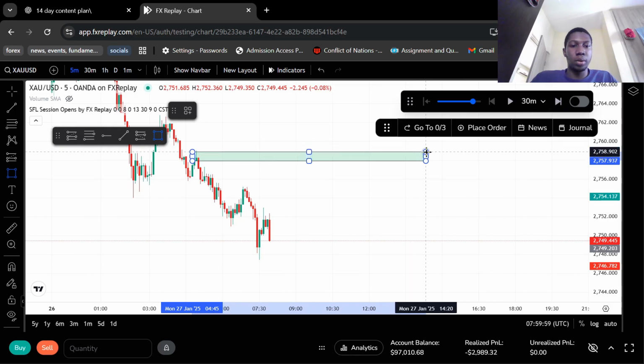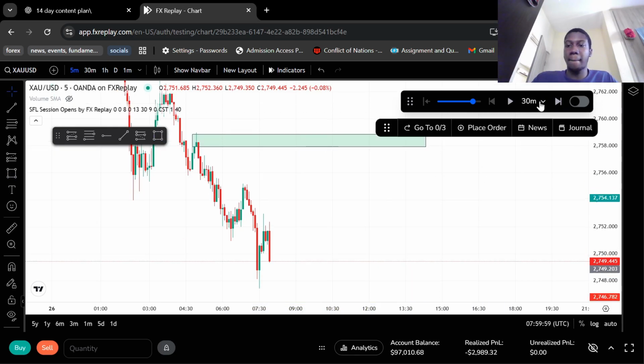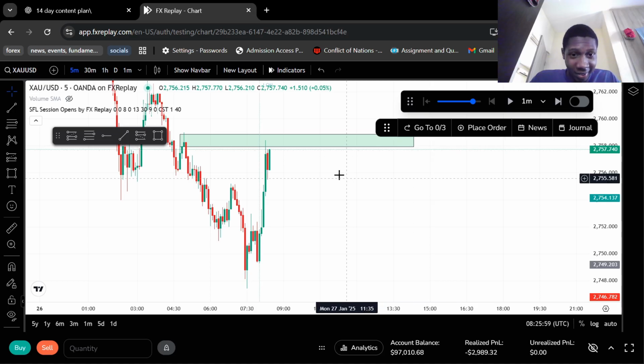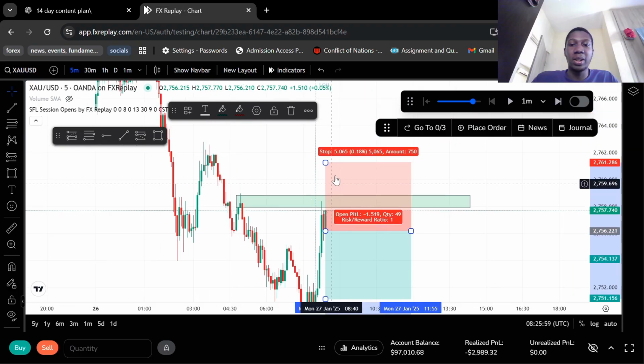Okay, two zones. That's the only zone I'm looking at, the only valid zone. That is probably going to lose again because what I'm going to enter, I'm going to do as if I didn't see that candle.